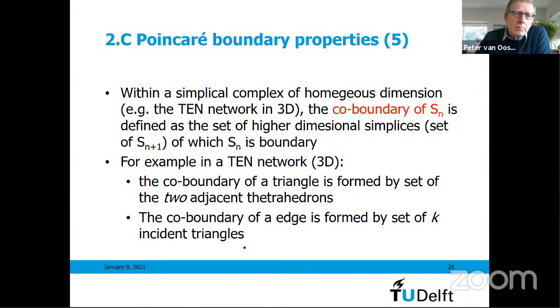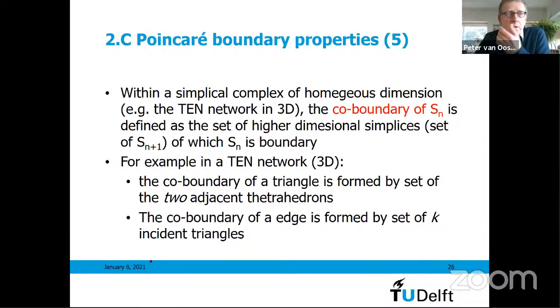And in the middle of a tetrahedral network, a triangle will always have exactly two tetrahedra, one to the left side and one to the right side, or the positive or the negative side.